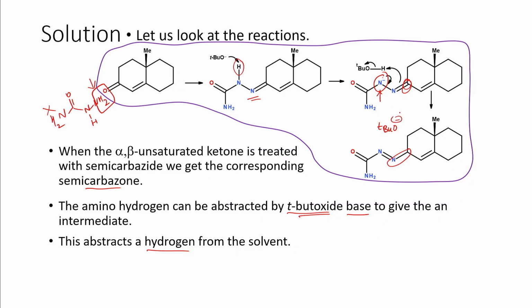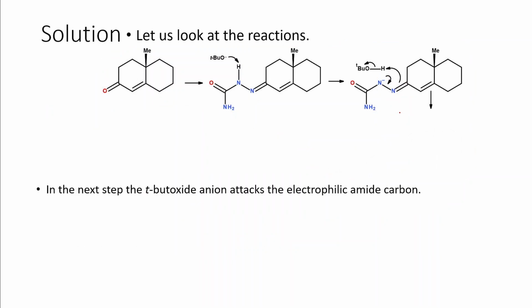So this tertiary butoxide anion is liberated. And once it is liberated, this tertiary butoxide anion is going to attack the amide carbonyl, because this is the electrophilic site.